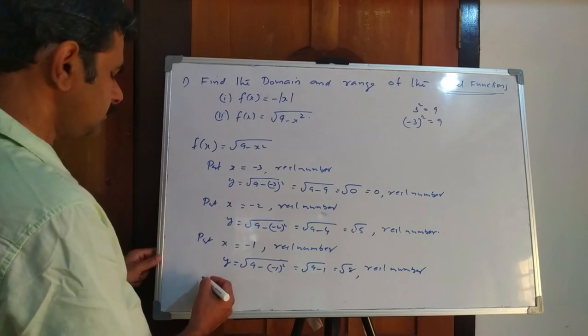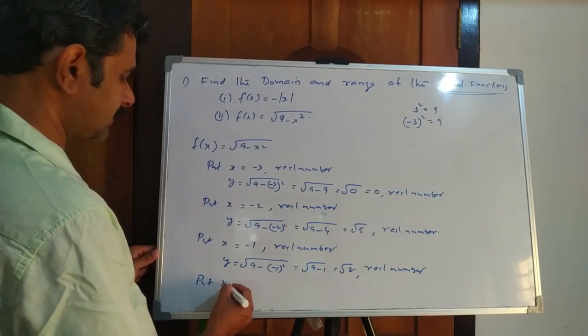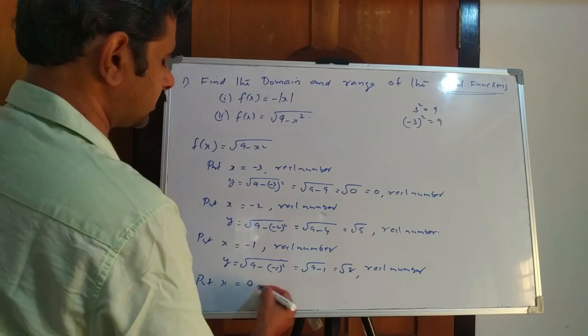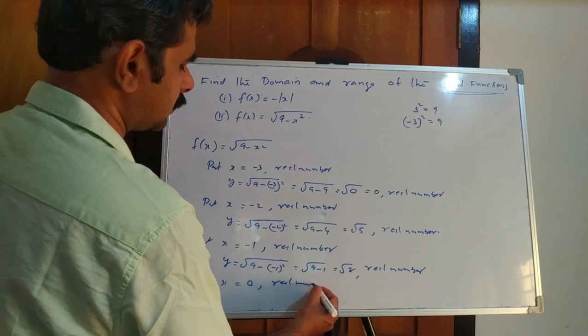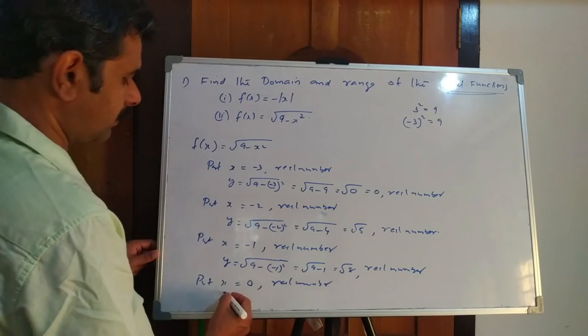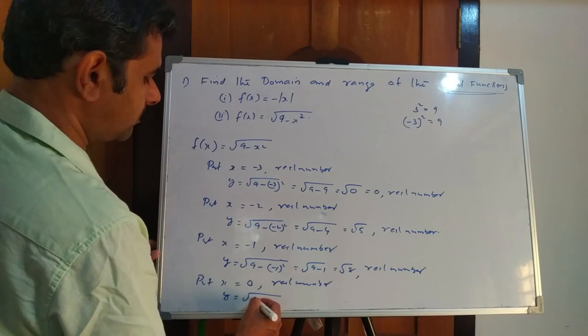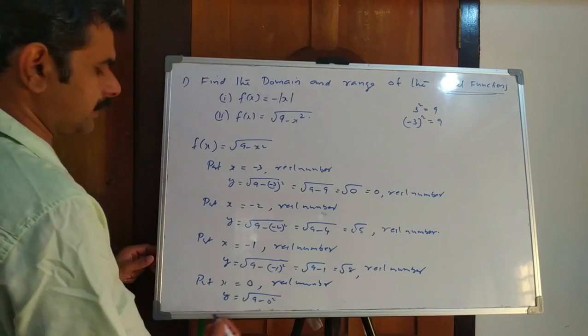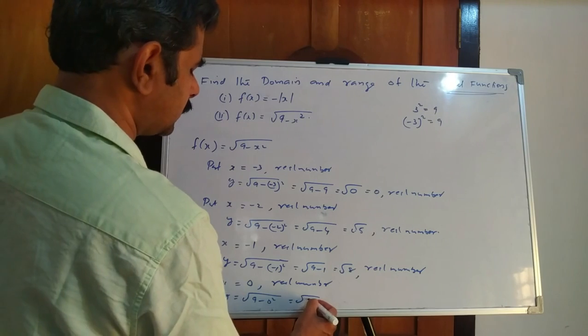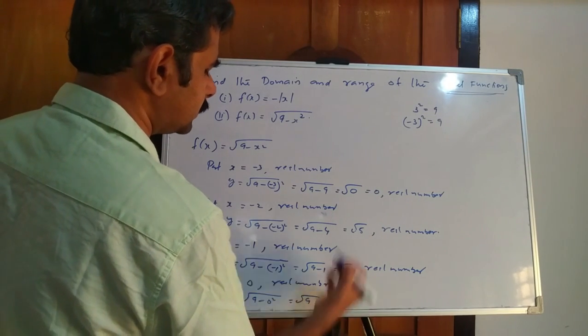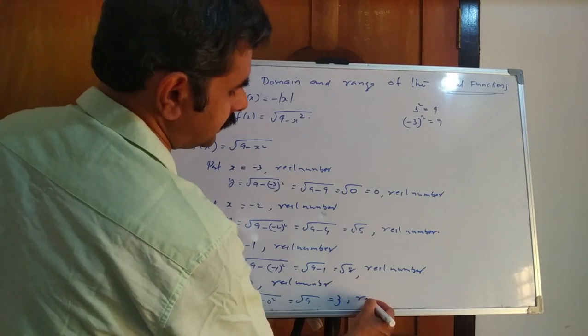Then put x is equal to 0. 0 is also a real number. Then y is equal to root of 9 minus 0 square, which is root of 9, equal to 3. 3 is also a real number.